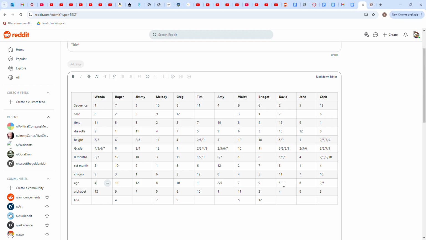Eliminating, really quickly, 3 from David's possibility here, just to be thorough, we're going to have to eliminate the 3 from this point in the grid. And since we've established that Wanda is the 4th youngest, we have to eliminate the 4 from this possibility here. Okay. So that leaves us with Amy and Chris. Which of the 2 is going to end up being older?